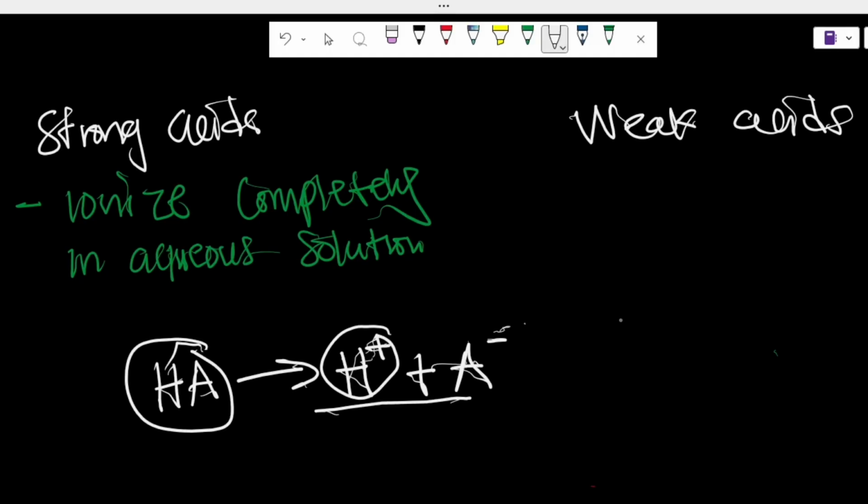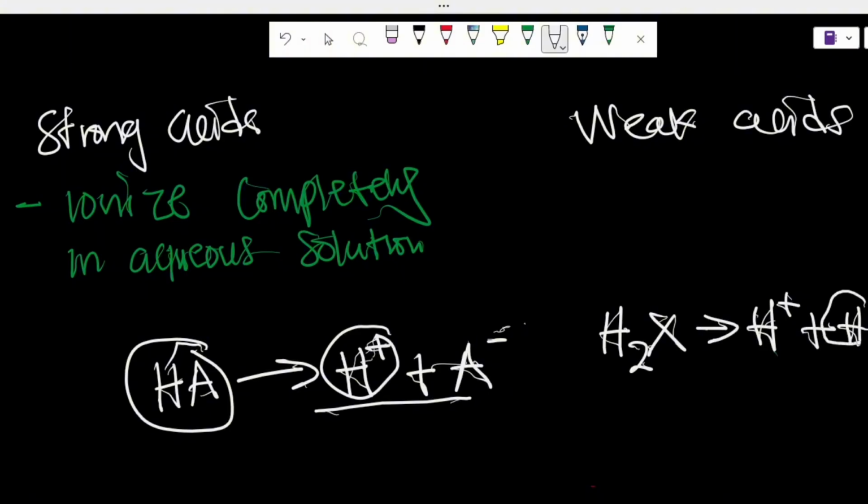However, if you have, let's just say H2X, and then this is going to give us H plus, and let's say you have HX minus like this.